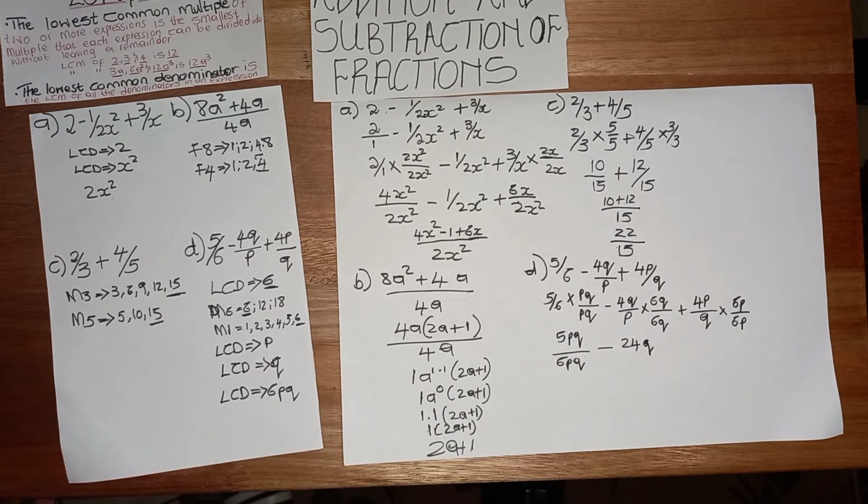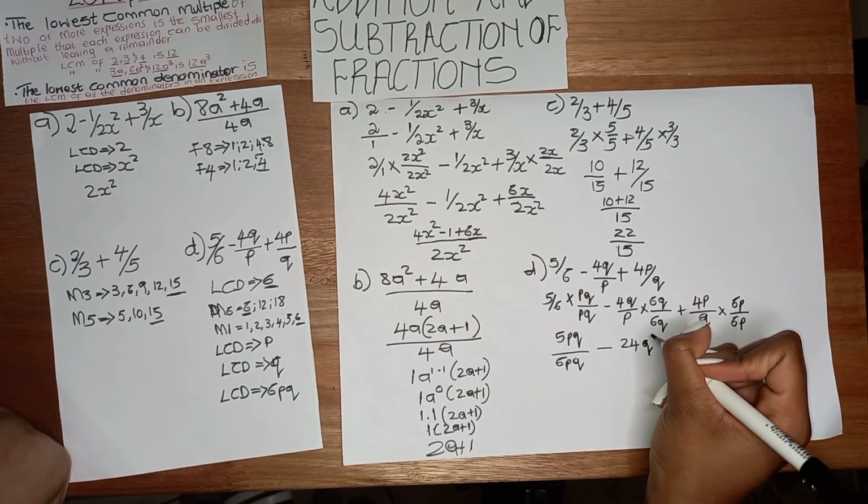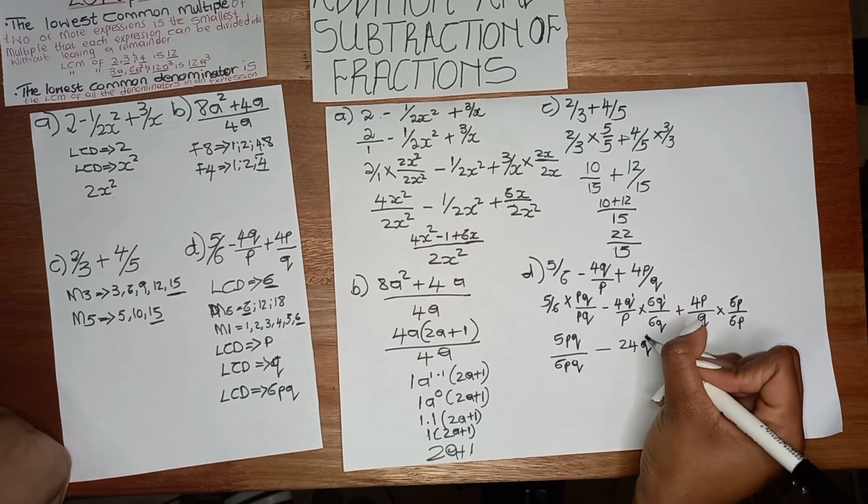Q, you know that when we are multiplying variables of the same kind, we add the exponent. So it will be exponent 1 plus exponent 1, which will give us 2.